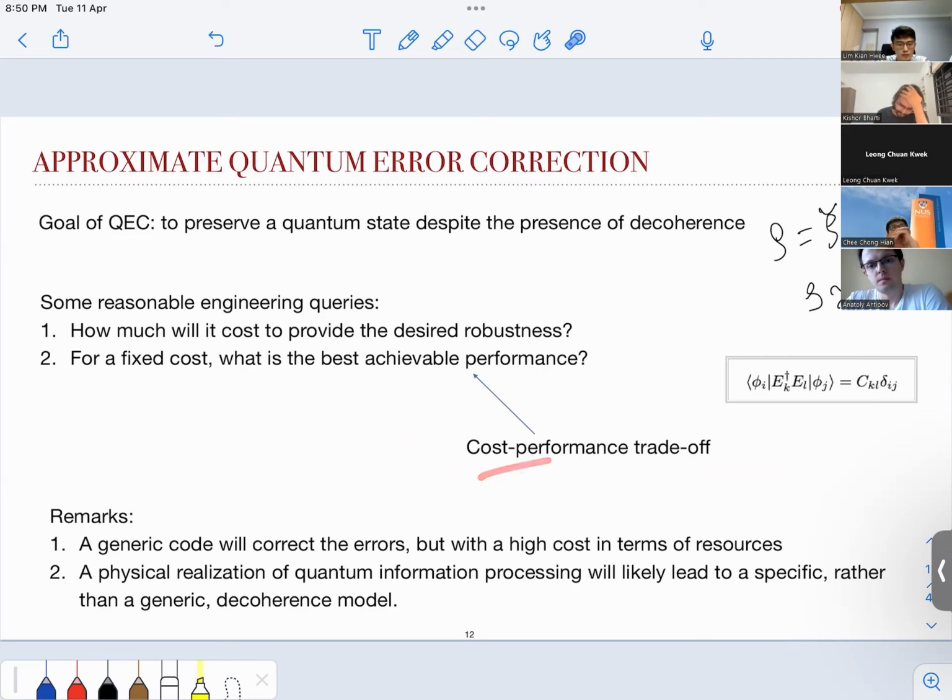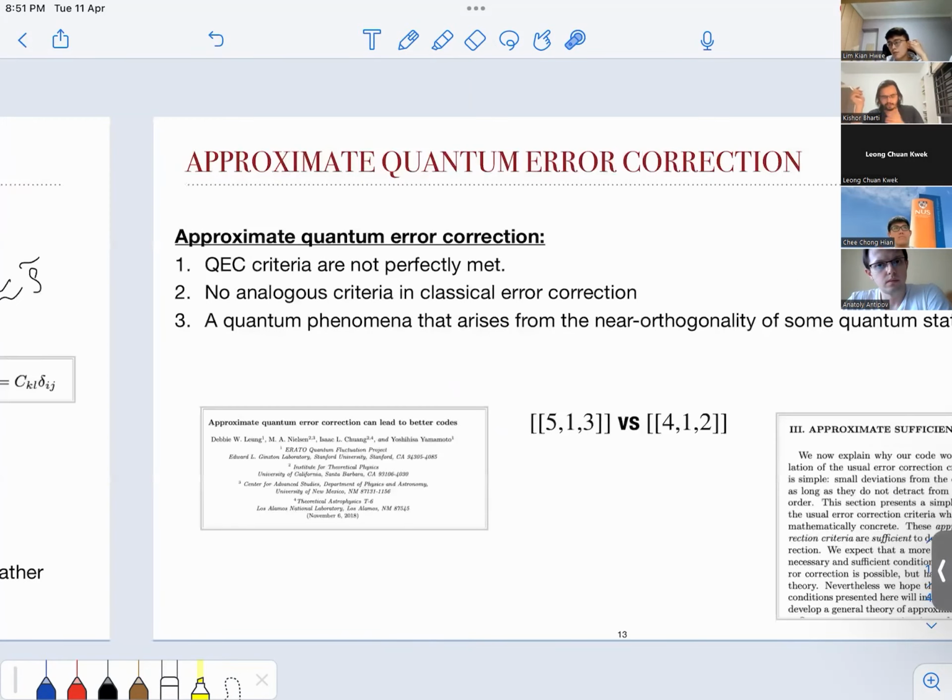you can understand. So a generic code will correct the errors, but with a high cost in terms of resources. But on the other hand, in experiments, we have some particular errors, we do not have generic errors. So maybe you need to design error correcting codes which protect against some particular kinds of errors, which we know are more dominant in our experiments.